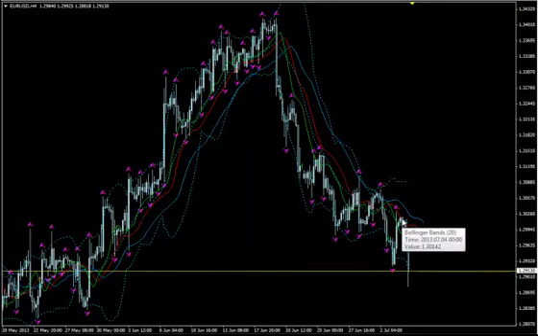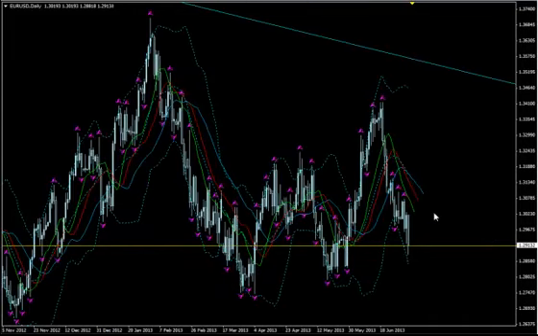That was wrong. If we had looked more carefully at the daily chart, we would see that nothing was confirming the possibility of a reversal. We would see that the price was moving on the lower Bollinger Band, and the lower Bollinger Band was going downwards, and so was the median Bollinger Band, and so was the alligator falling.